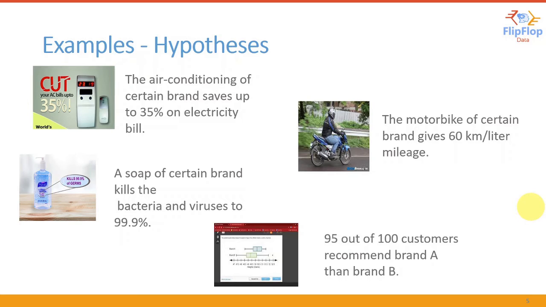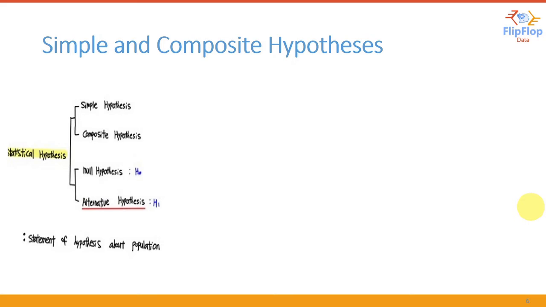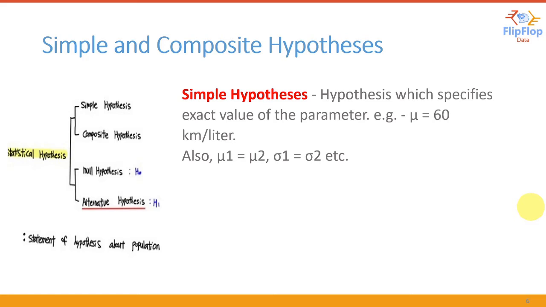Now let me move on to the types of hypothesis. First is simple hypothesis. What is a simple hypothesis? A hypothesis which specifies only one value, or rather an exact value of the parameter, that is, mu equals 60 kilometers per liter as referenced in our motorbike example earlier.